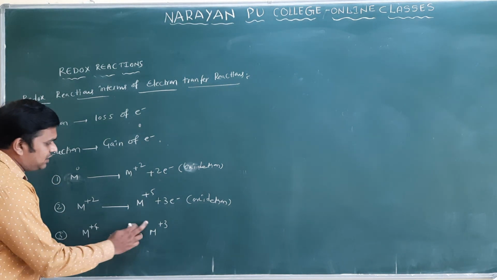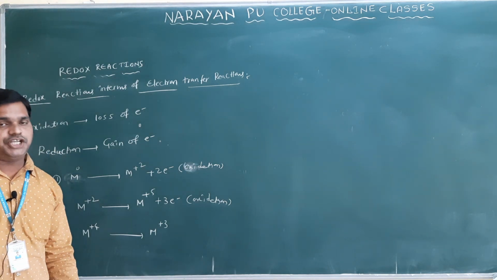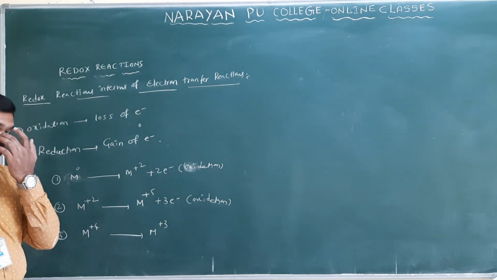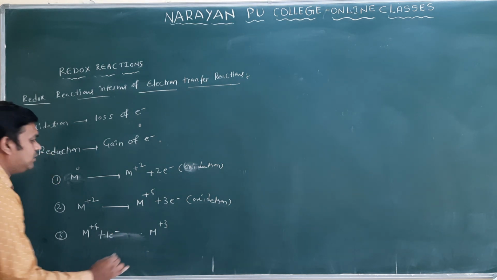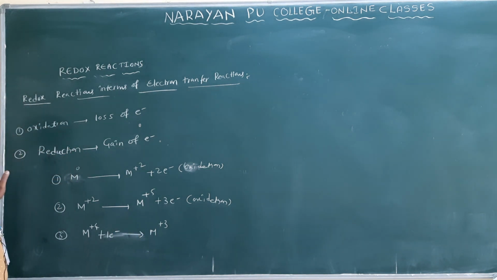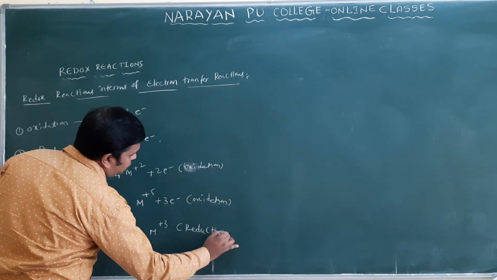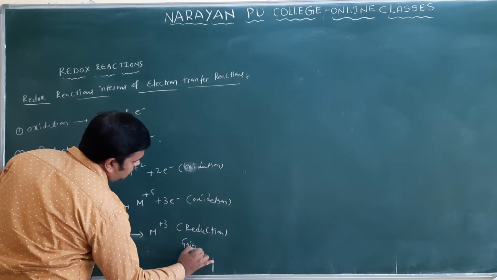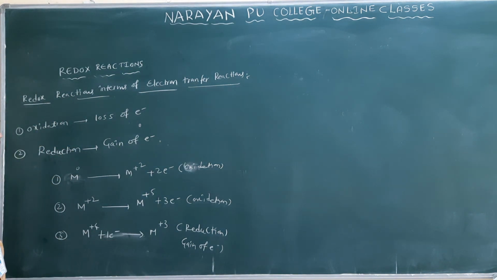It is a decrease. Generally, a decrease in the oxidation number we call reduction only. But in terms of electrons, how can I write it? M+4 gains 1 electron and is converted into M+3. So gain of electrons we call reduction only. Reduction means gain of electrons only. One electron is gained here.